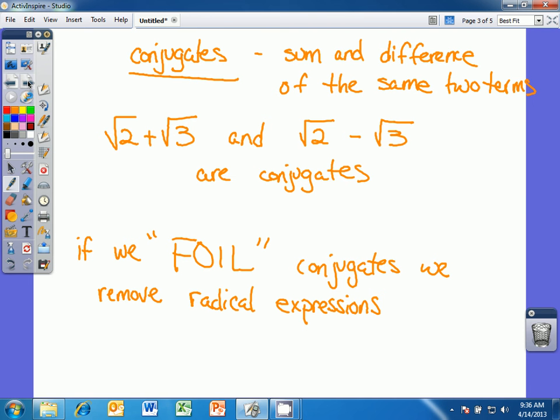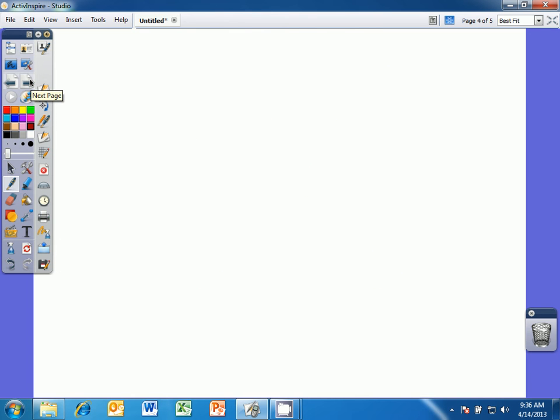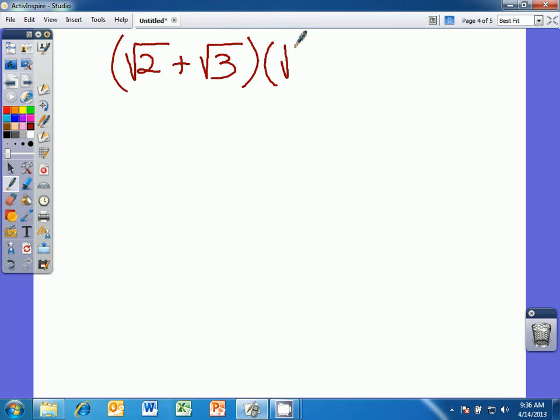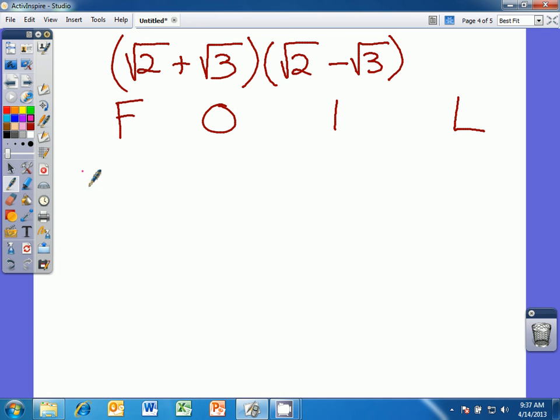Let's first go through an example of FOILing conjugates so that you understand how radicals end up being removed. So if I have the conjugates that we just looked at, radical 2 plus radical 3, radical 2 minus radical 3, if I perform FOIL, I see that radical 2 times radical 2, my first terms, is square root of 4.